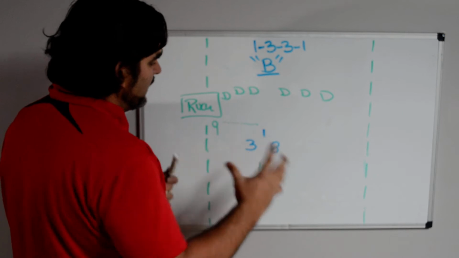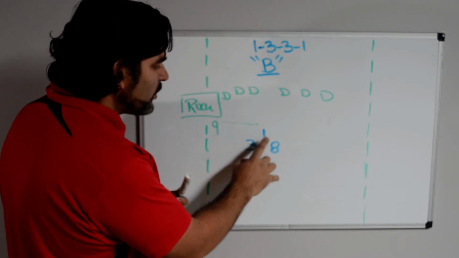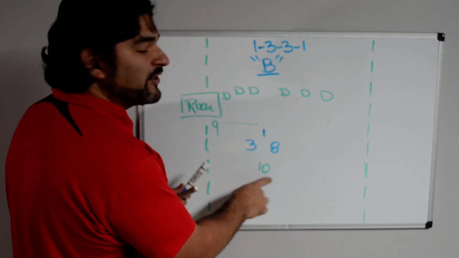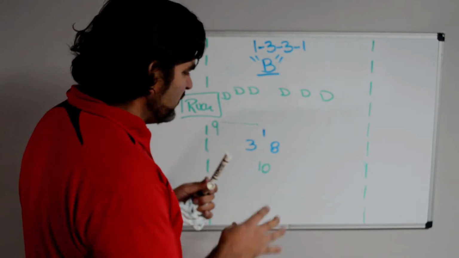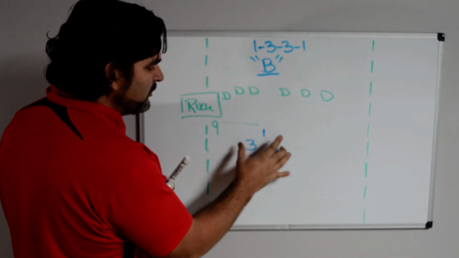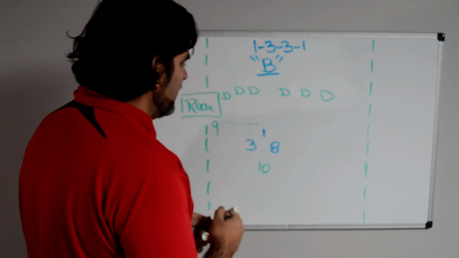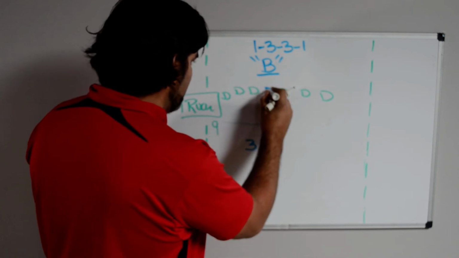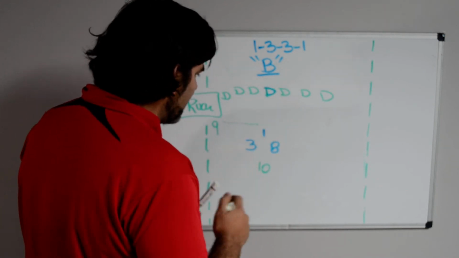This is the first option that we have on B, which is ice to the second level of offense. Let's talk a little more about the running angles. If the ice call is made, let's say that we don't have a gap in there.